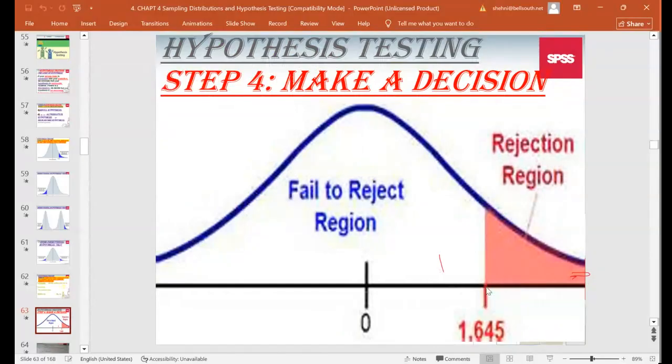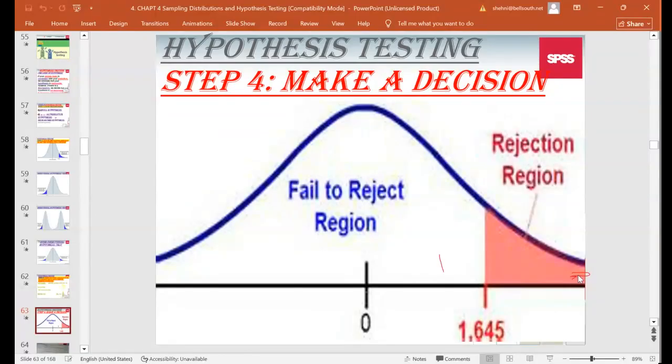The red zone or rejection zone starts at 1.645, so 6.66 goes to the right, somewhere in the tail of that distribution. Any number 1.645 or greater will fall into the rejection zone. So the decision will be to reject the null.